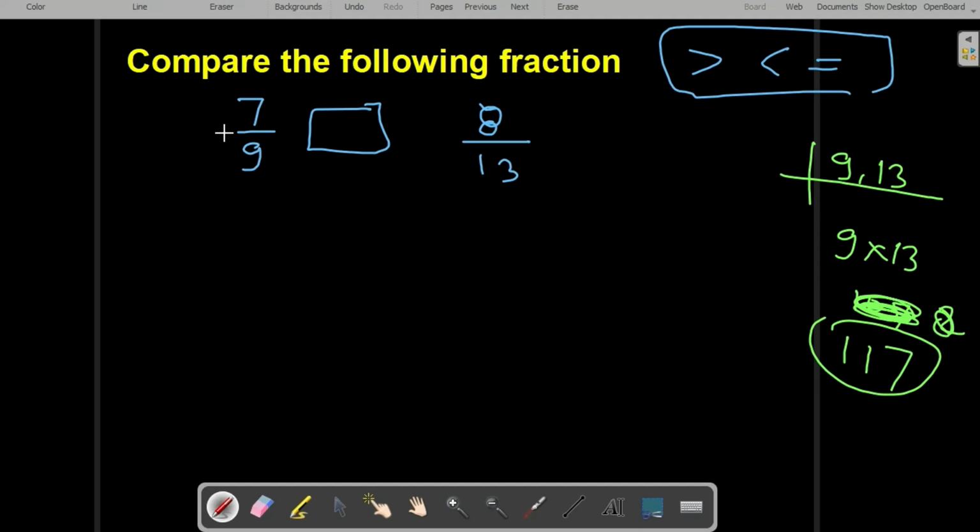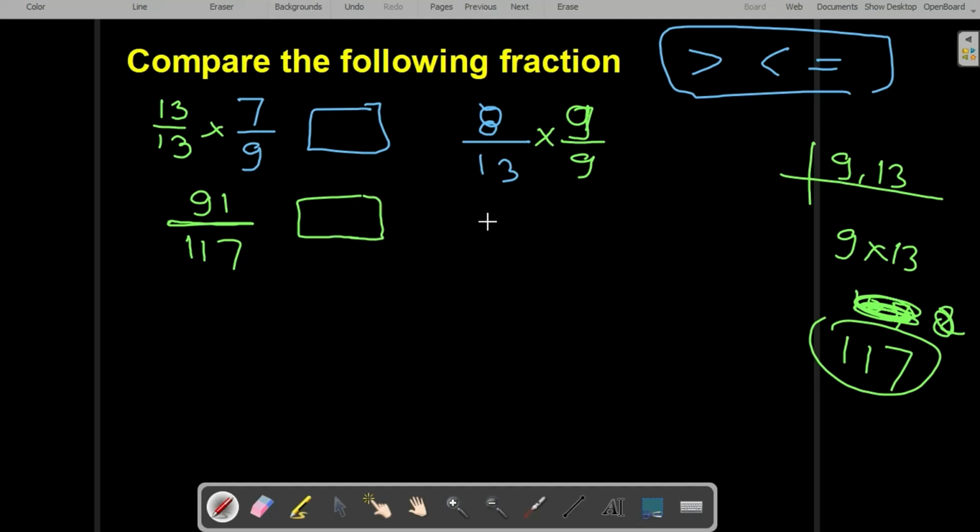Now what I will do is multiply this with 13 and this I will multiply with 9. So 13 into 9 becomes 117, and 13 into 7, 91. For this box, I'm going to write again 13 into 9, 117, 8 into 9 is 72.